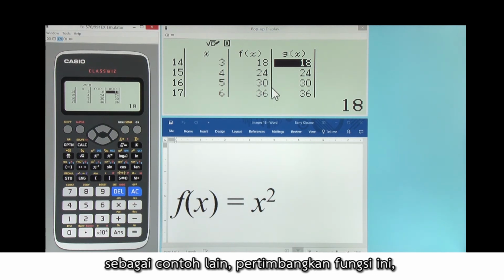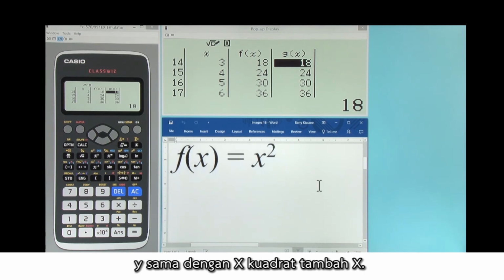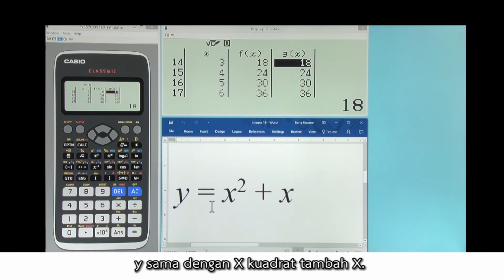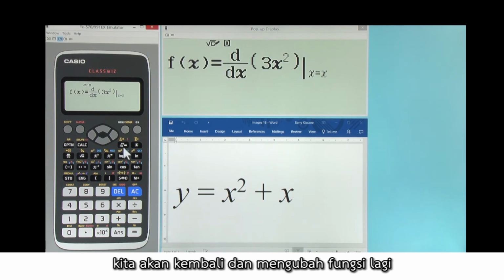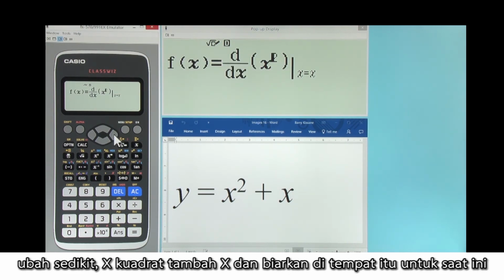As another example, consider this function. y is equal to x squared add x. So we'll go back and change the function again. I'll edit it a little bit. x squared add x. And leave that where it is for the moment.